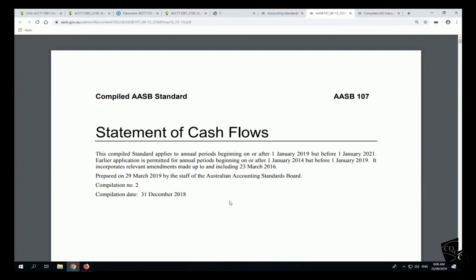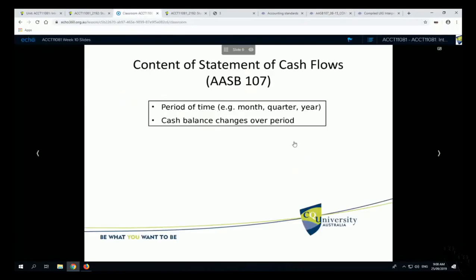This tells firms how they are to prepare and present their statement of cash flows in order to show the changes in a firm's cash balance over each period of time. Okay, so that's what our accounting standard for cash flows tells us. And I'll be referring to that quite a bit actually in today's lecture.